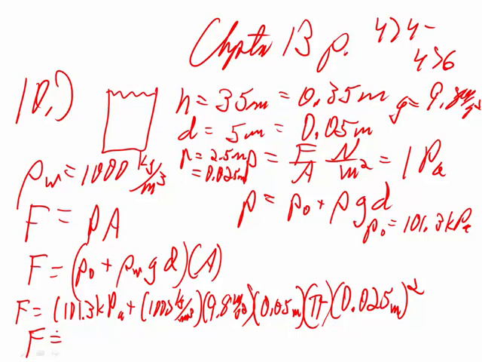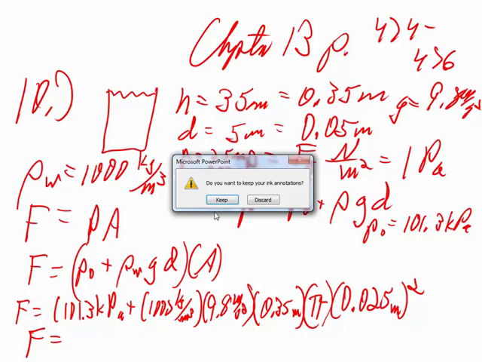And I made a mistake. The height of the beaker, the distance, is 0.35. I bet y'all caught that too. Sorry about that. Let me pause while I calculate.